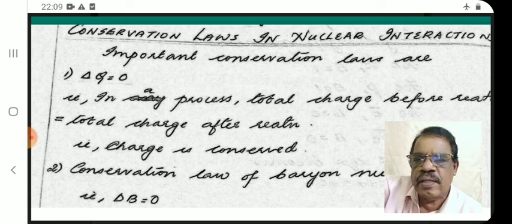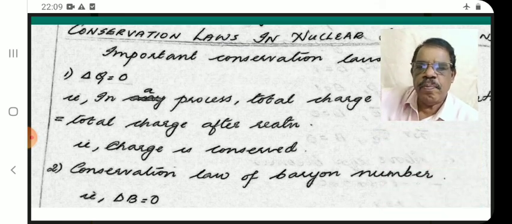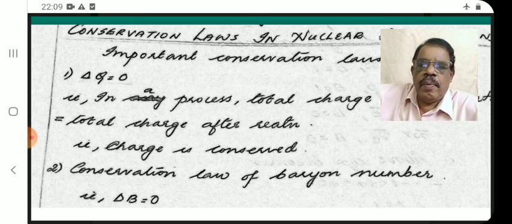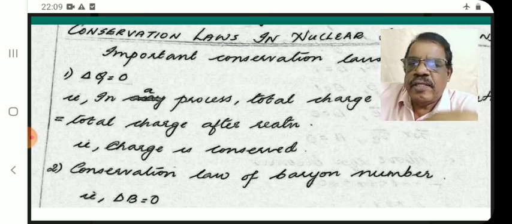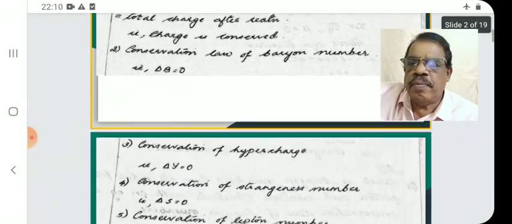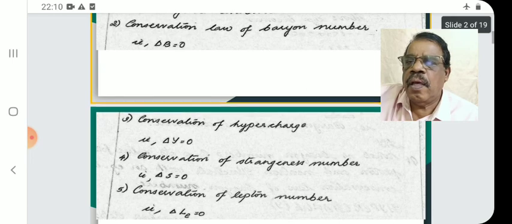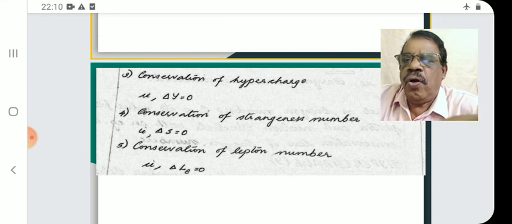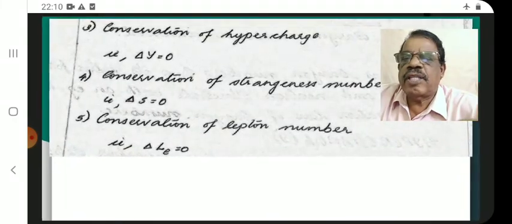The second law is conservation law of baryon number, that is delta B is equal to 0. Total baryon number of the components before reaction is equal to total baryon number after the reaction. The third conservation law is conservation of hypercharge.